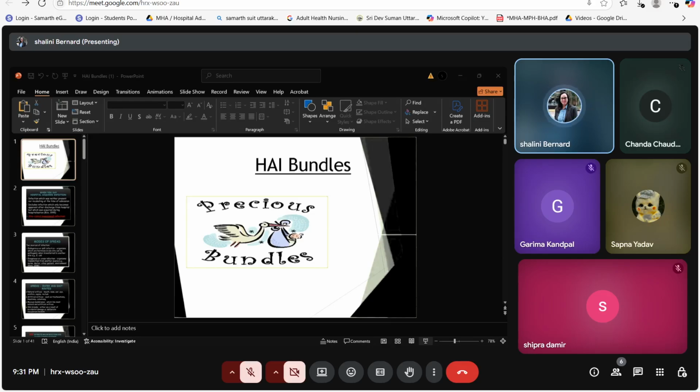Prophylactic antibiotic should be discontinued within 24 hours. Why? Because if it is given for a long duration, it can cause resistance. To prevent drug resistance, prophylactic antibiotics are given only for 24 hours. If it is extended beyond 24 hours, it is considered a therapeutic treatment.